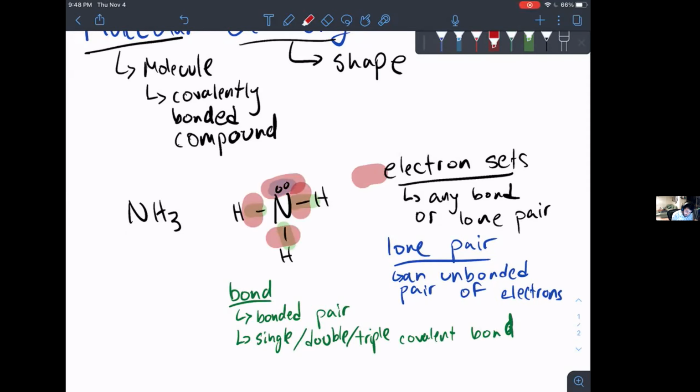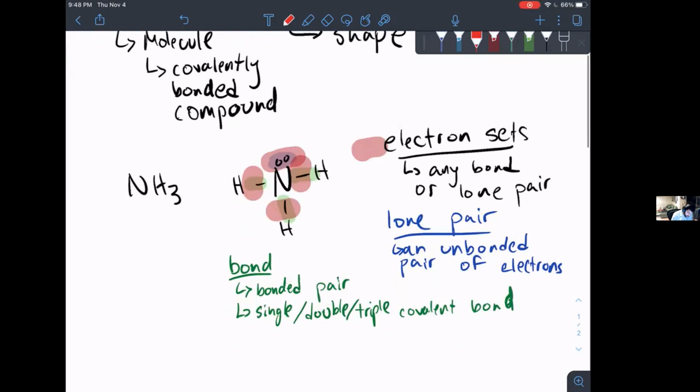And one final key component about molecular geometry, and I'm going to put this in red and put a little star, is we only look at the central atom. We don't really have to look at anything else. So we're only looking at the central atom.